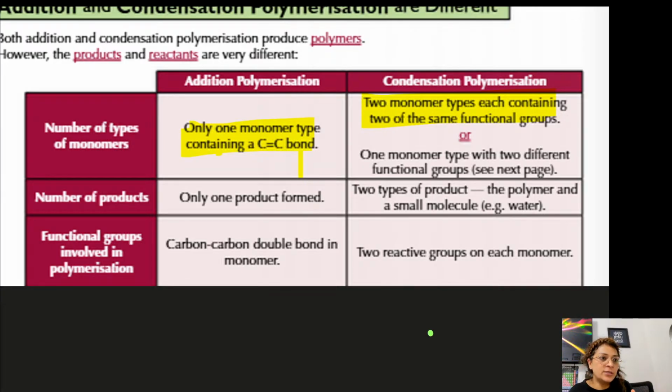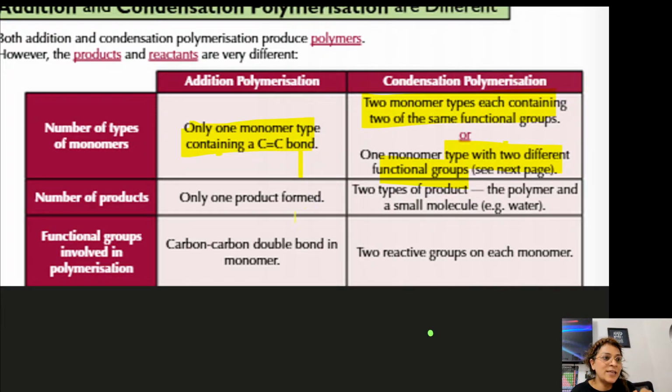Very good, Scarlett. Addition polymer contains only one monomer, and condensation polymer contains two monomers. Each monomer type has two different functional groups. Those who are responding, well done, guys. Please remember.